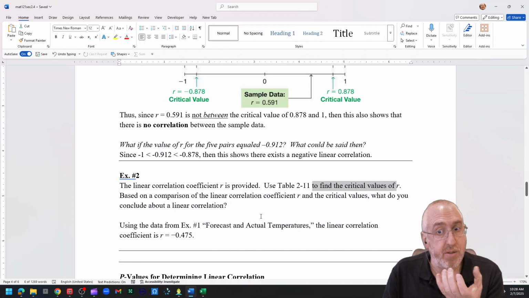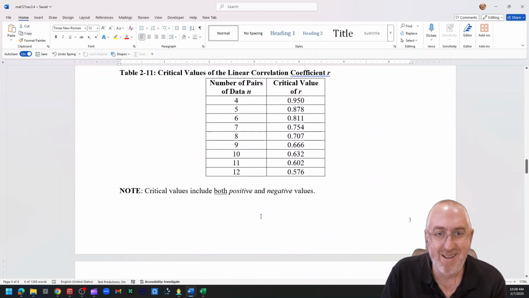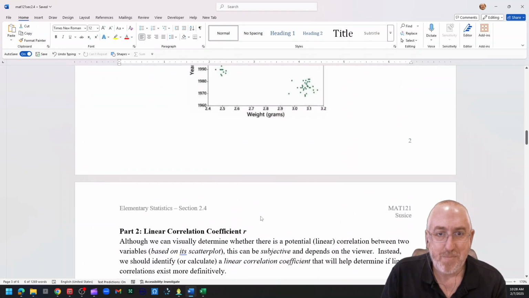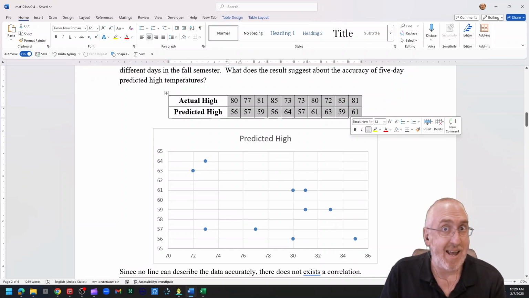Well, remember, the critical values are based on how many data points you're dealing with. So let's go back up again. So we had how many data points? 1, 2, 3, 4, 5, 6, 7, 8, 9, 10. So there's 10 points in our example.